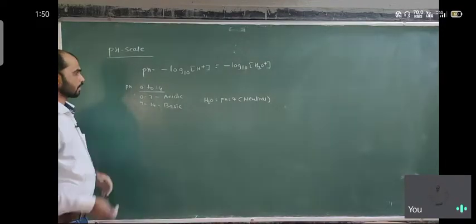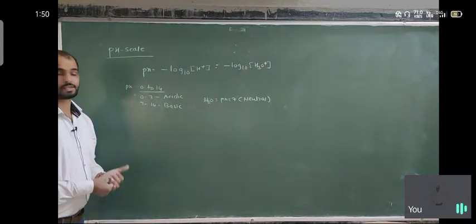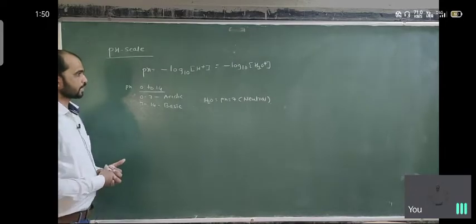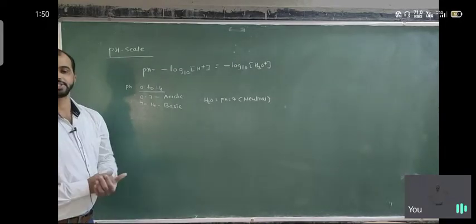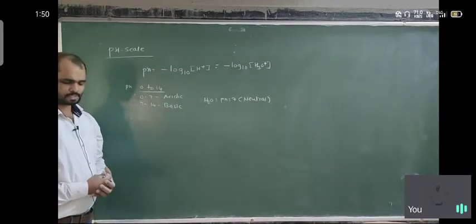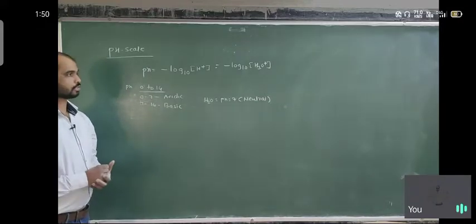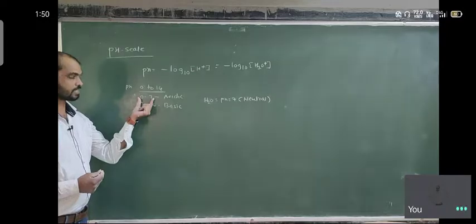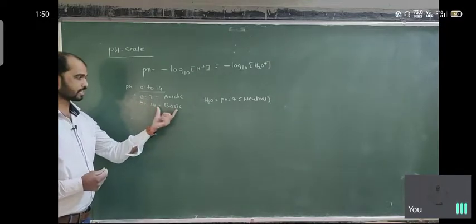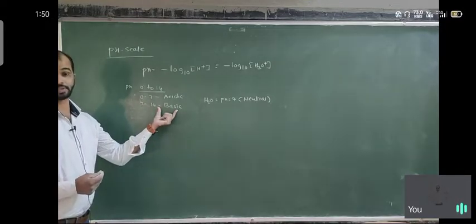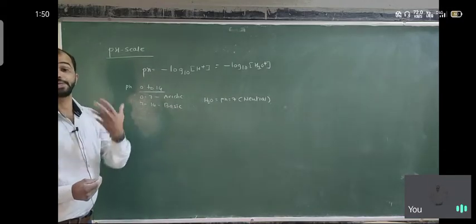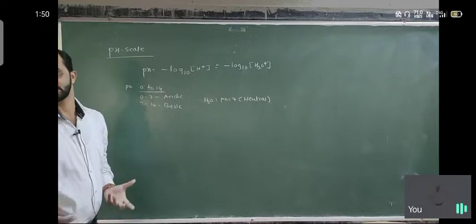In the same way, we can measure the value of pOH also. pOH is related to the basic condition. The question is: if a pH of 0 to 7 is considered acid, why do we use the pH word for bases? You can use pH, or you can use pOH, the hydroxide ion concentration.